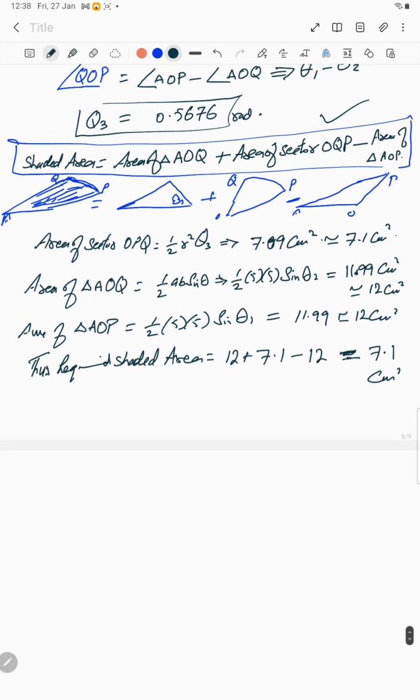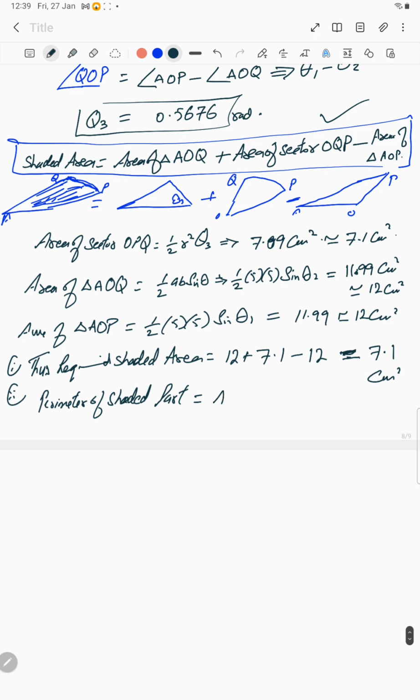Now the perimeter left, because they also ask you to find the perimeter as well. Perimeter, the outer boundary, perimeter of shaded part, that was AQ plus AP plus the arc length QP. And here do replace the value.